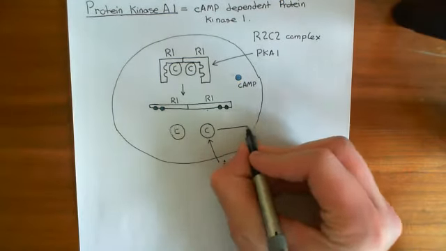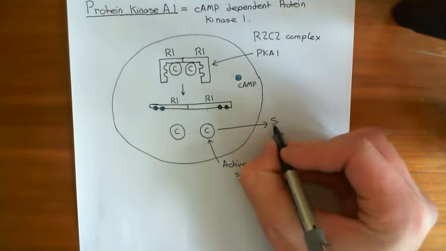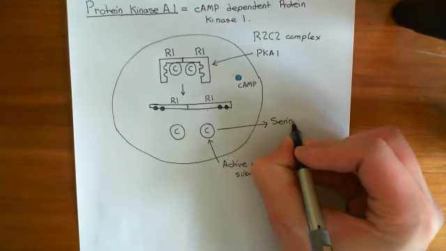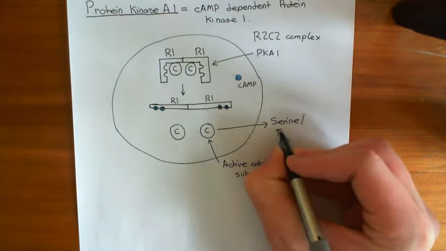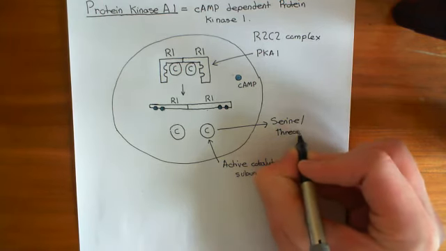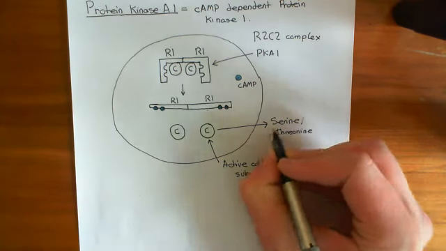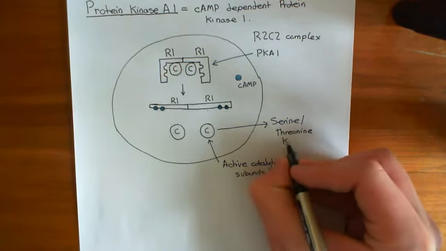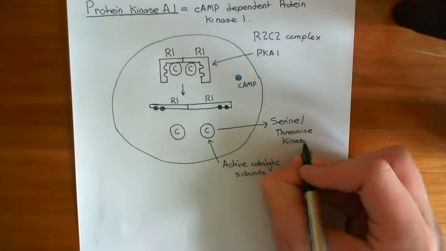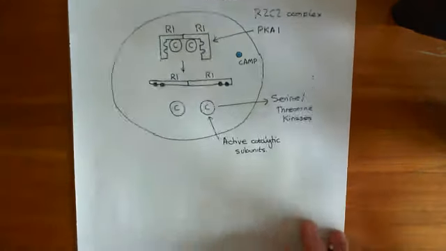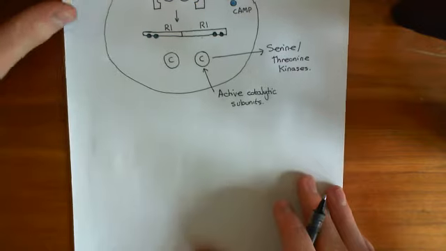So these are going to act as serine-threonine kinases, and we'll just have a little bit of revision of the structure of serine and threonine, the amino acids that these catalytic subunits are going to add phosphate groups onto. So let's go down here and do this bit of revision.